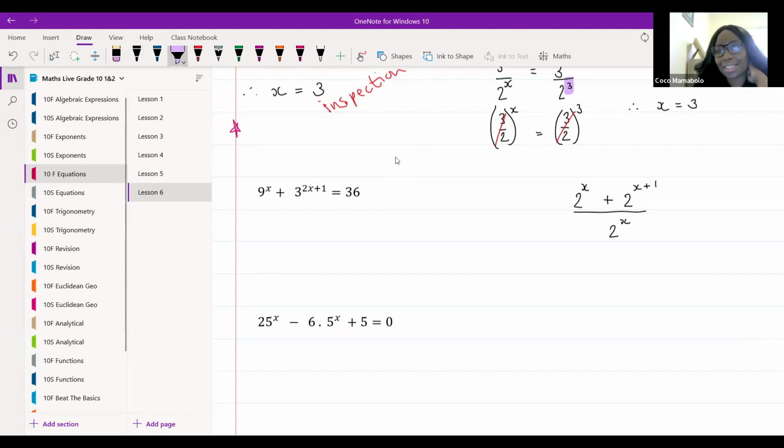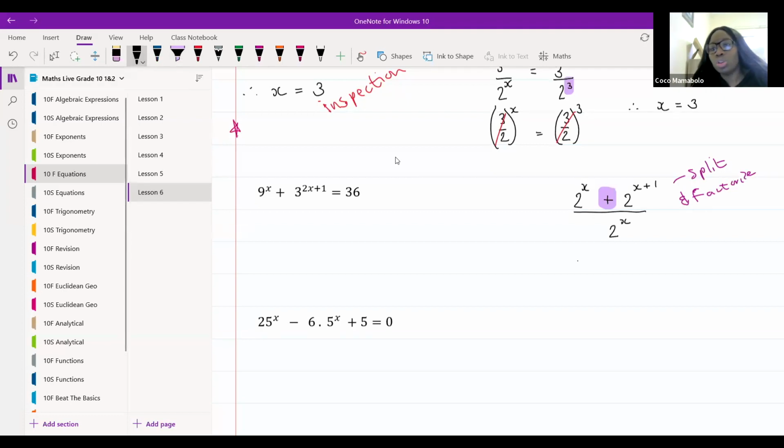Because I have a plus in the middle, what would I have to do on the top? Factorize. Absolutely, I would have to factorize. I'd have to split and factorize. Okay, so that's what we're going to do.